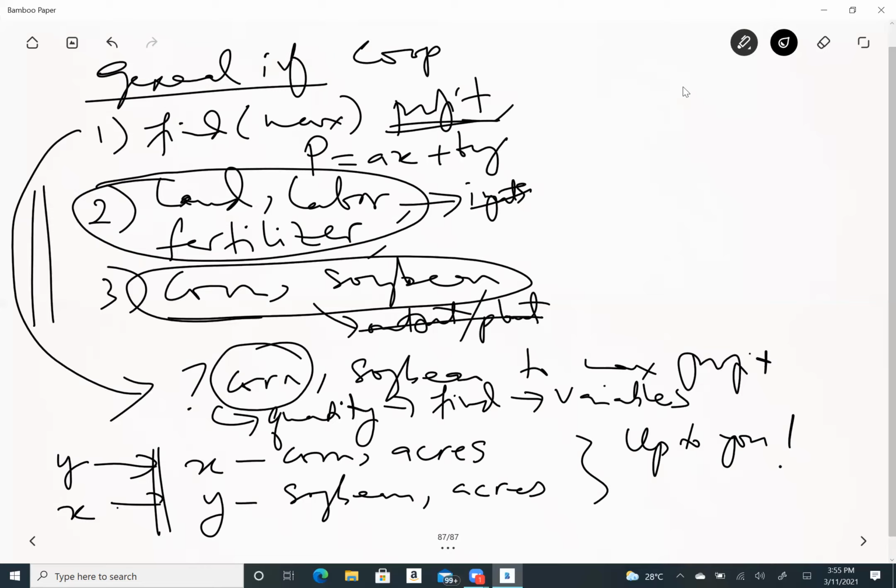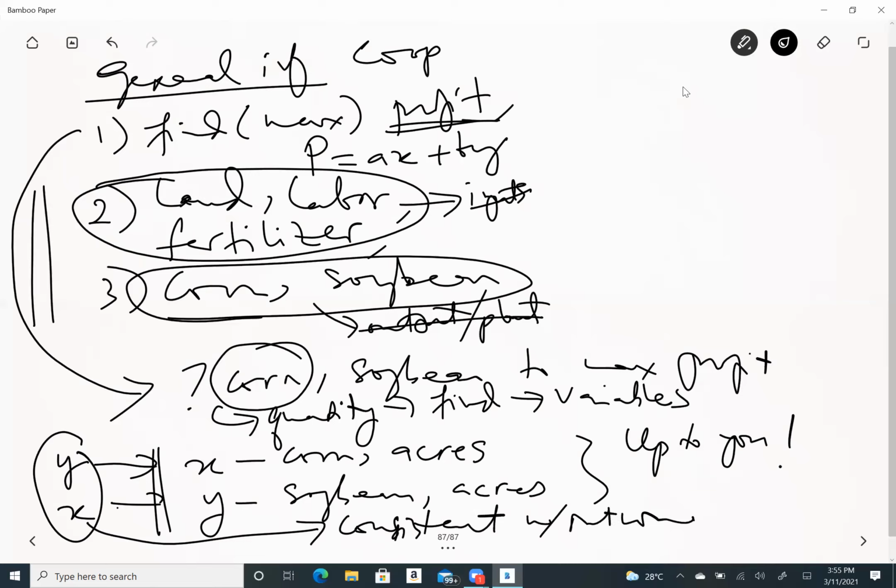Otherwise, it's up to you. You make your choice, and then it will be consistent with the outcome. So it doesn't matter which one you assign the variable for. Let me just use X for corn in acres and Y for soybean in acres. You have all this information, so these are the variables: soybean and corn in acres. And then these are the inputs.